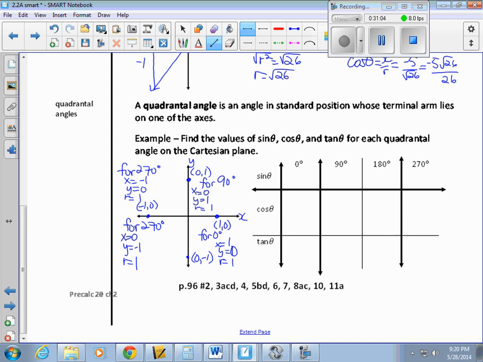So sine of theta is equal to y over r, cos is equal to x over r, and tangent is equal to y over x.